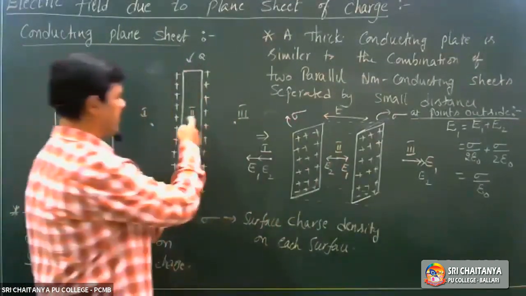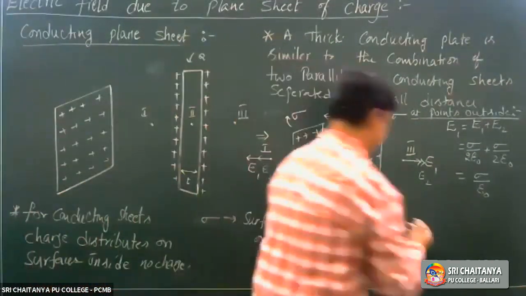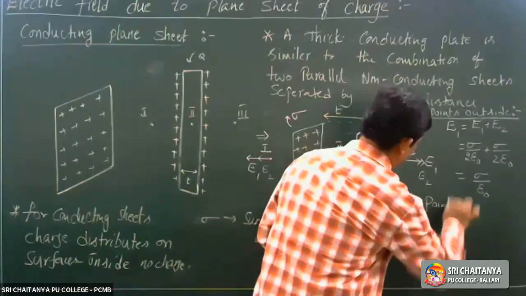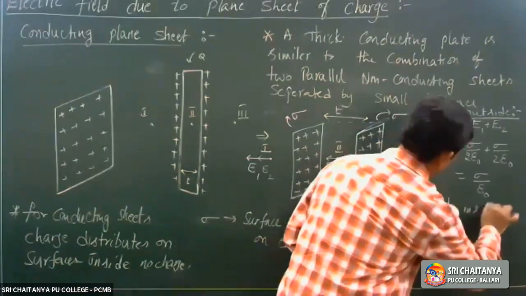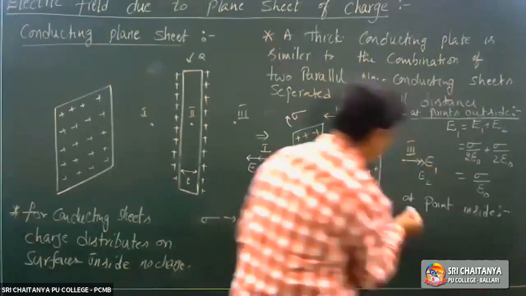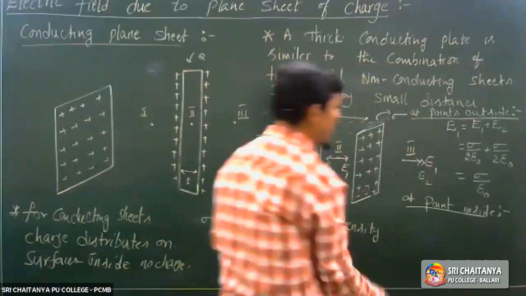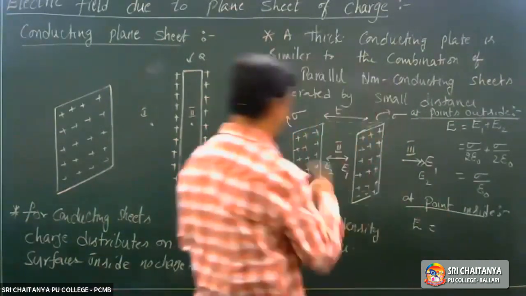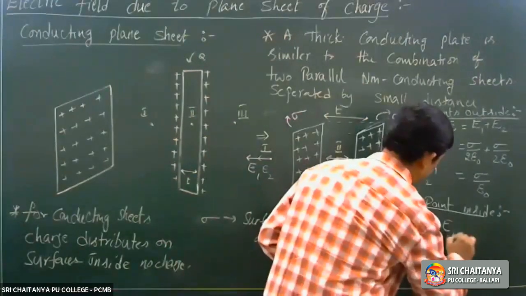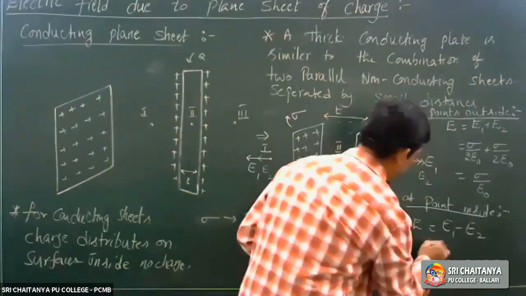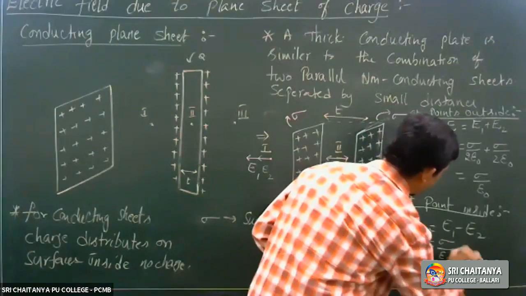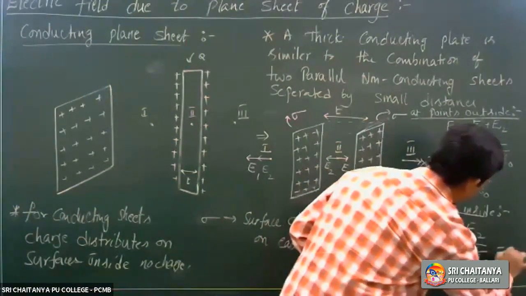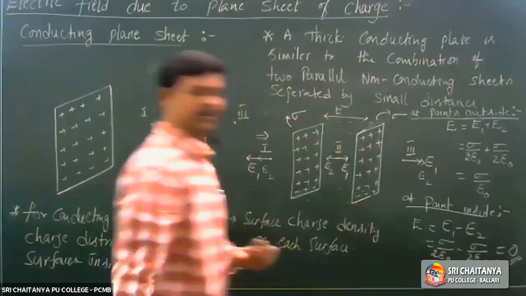At a point inside, E is equal to the difference, E1 minus E2, so sigma by 2 epsilon naught minus sigma by 2 epsilon naught, that is 0.